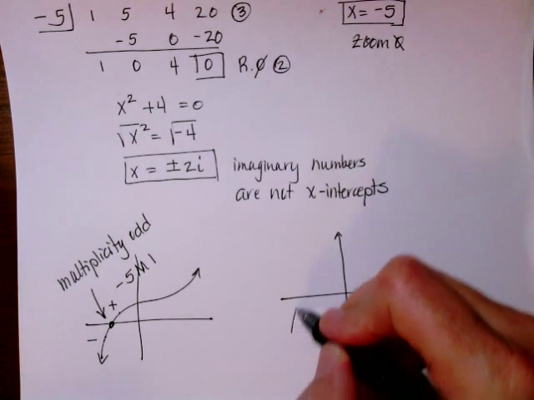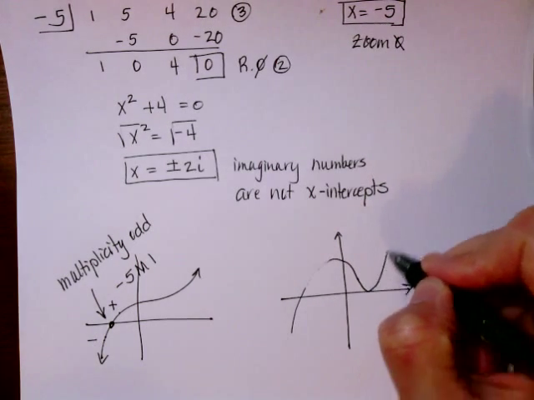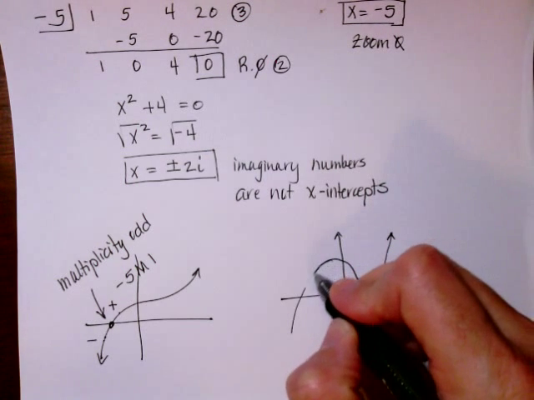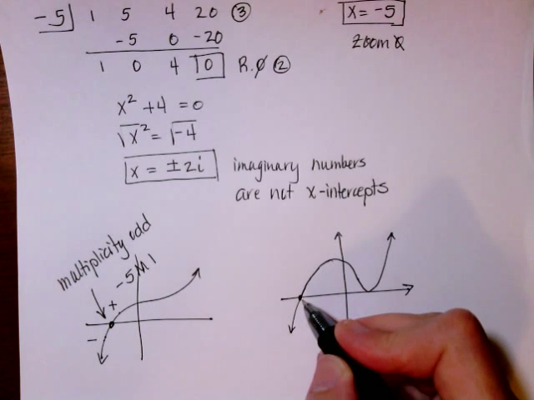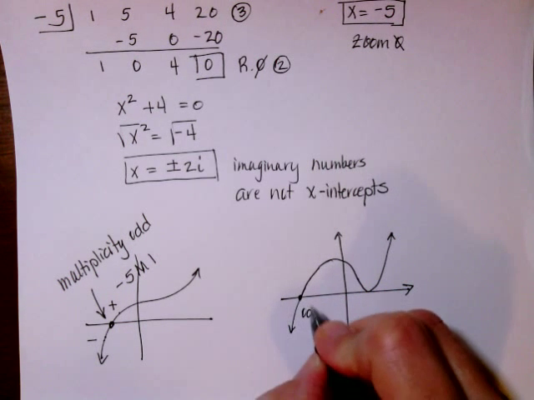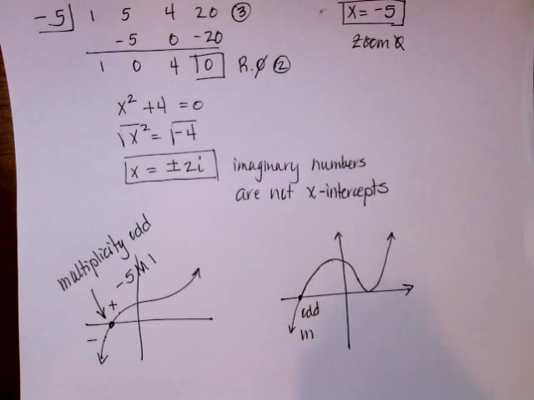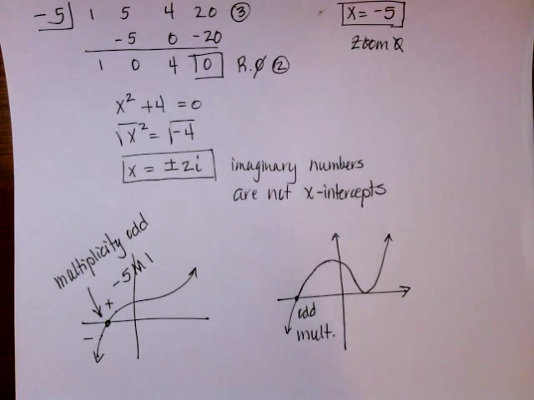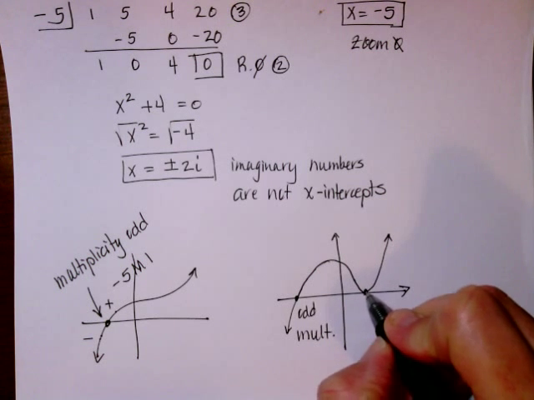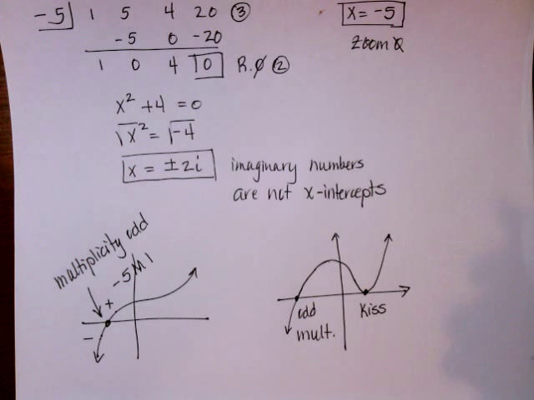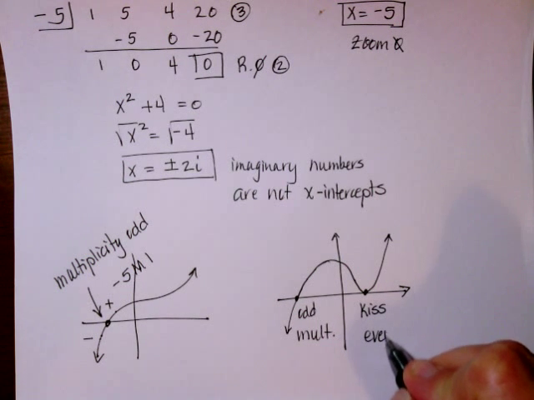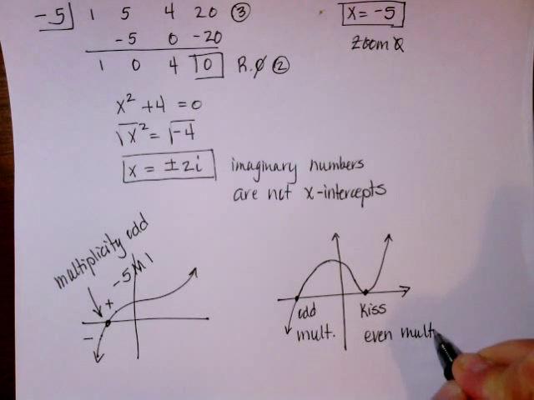But let's say my graph did something like this. Except my pen skipped. This is what I call a through and through. That means that this has an odd multiplicity. I'm just going to write odd mult instead of multiplicity. This right here kisses the x-axis, and so that has an even multiplicity.